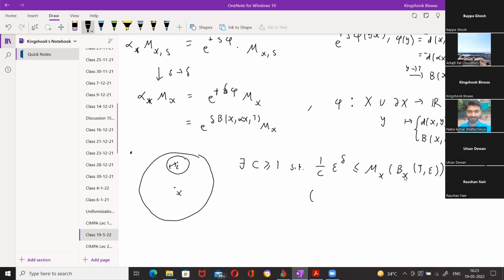Okay, this is called Sullivan's shadow lemma.